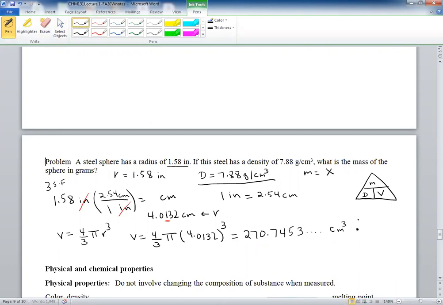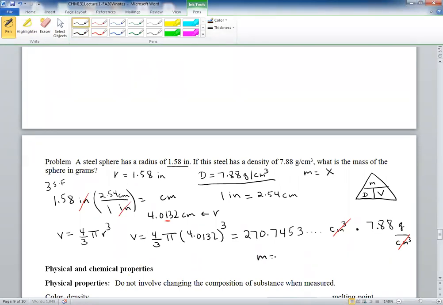Multiply it by the volume, 7.88 grams per cubic centimeter. And you need to notice that the cubic centimeters are going to cancel out right there. So your answer will be 2,133.47.